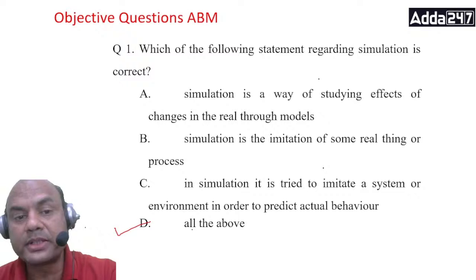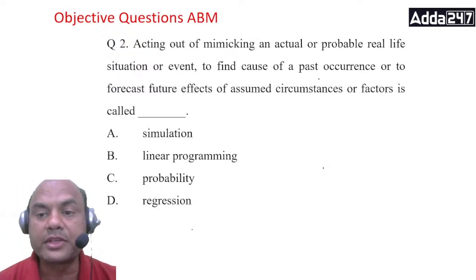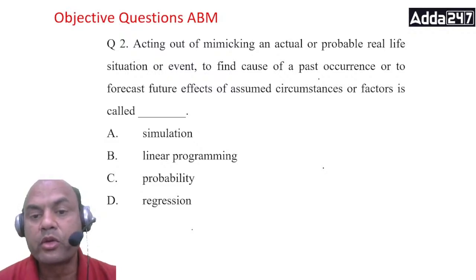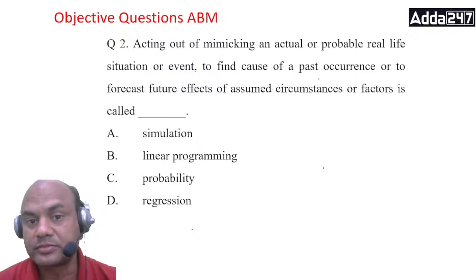Everyone answer in the comment section. Acting out or mimicking an actual or probable real life situation or event to find the cause of the past occurrence or to forecast the future effects of the assumed circumstances or factors is called as what? This is on similar lines to that earlier question, isn't it?